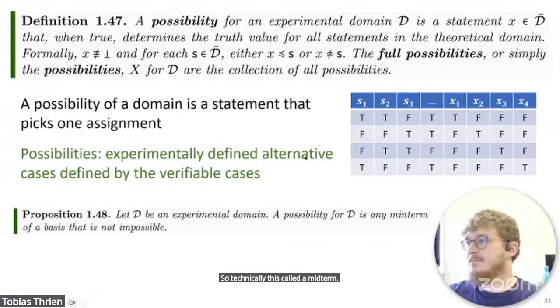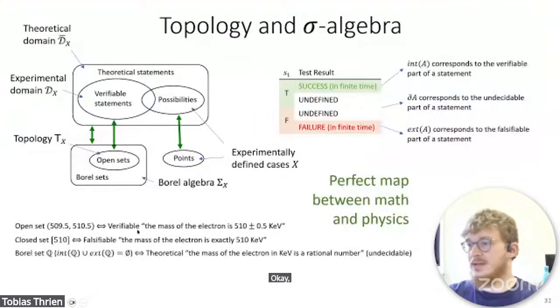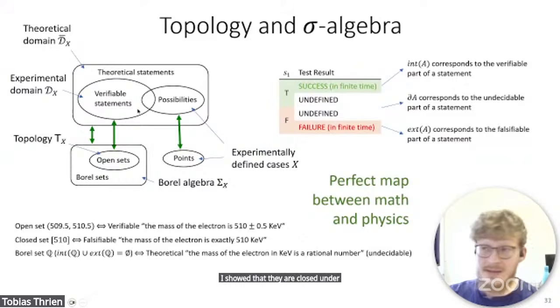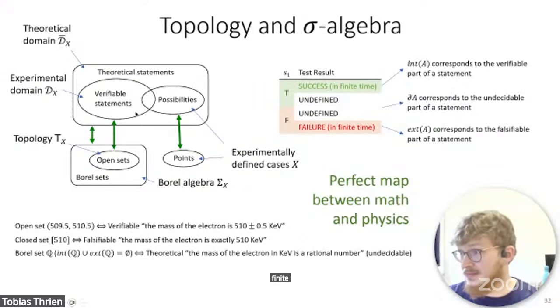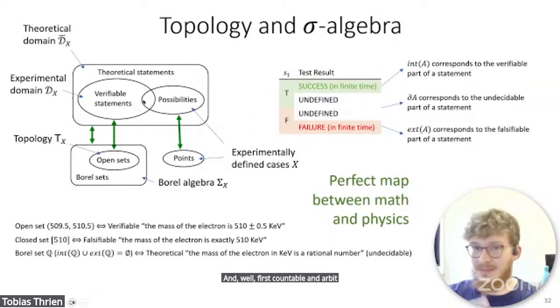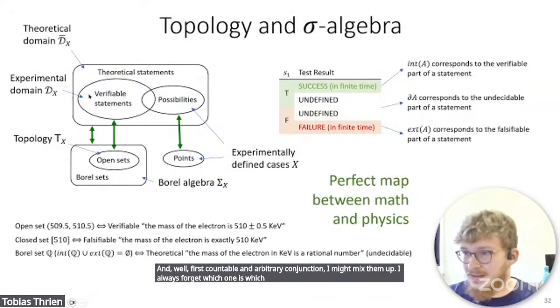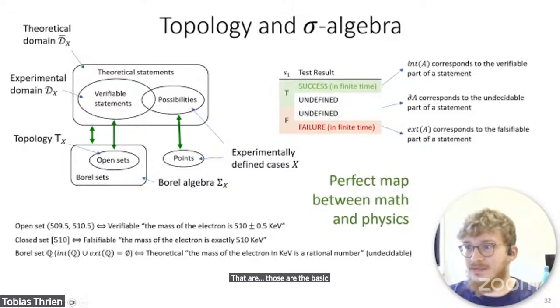Okay, so the link that we have developed: I started with verifiable statements. I showed that they are closed under finite disjunction and, well, first countable, then arbitrary conjunction. I might mix them up. I always forget which one is which. But those are the basic axioms of a topology.